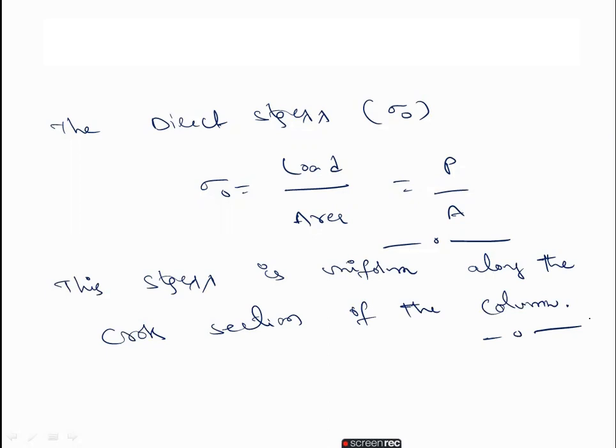Now we have to calculate the bending stress, sigma B. The bending stress sigma B is due to the moment at any point of the column section at a distance y from the neutral axis yy. We have to write the bending equation we know already.